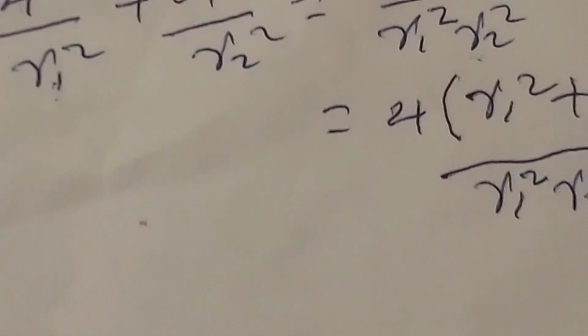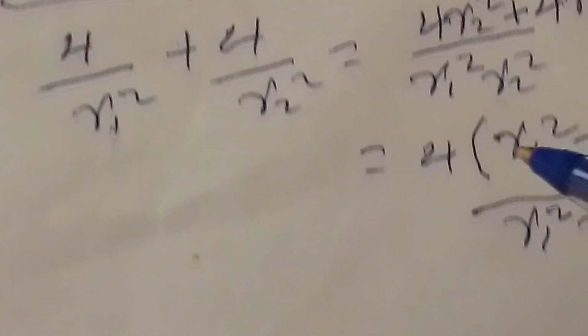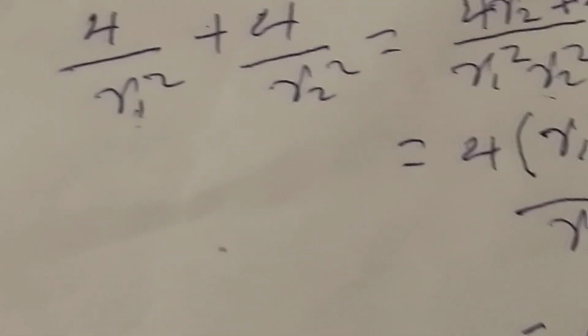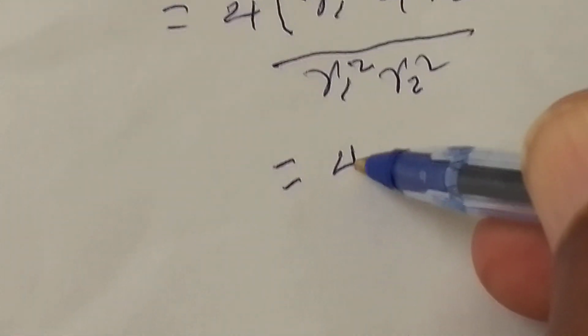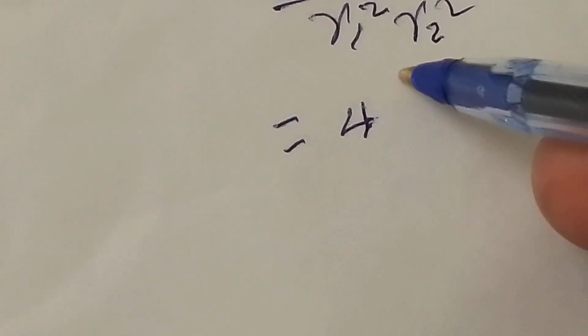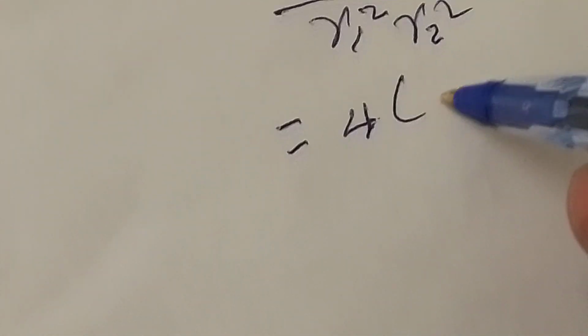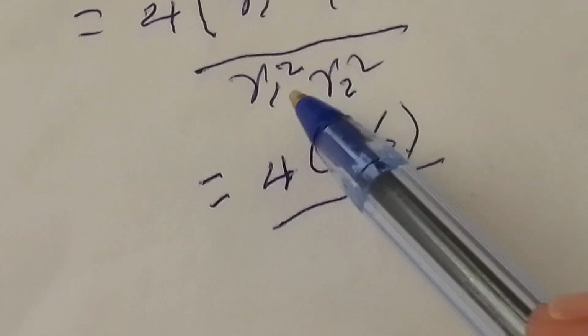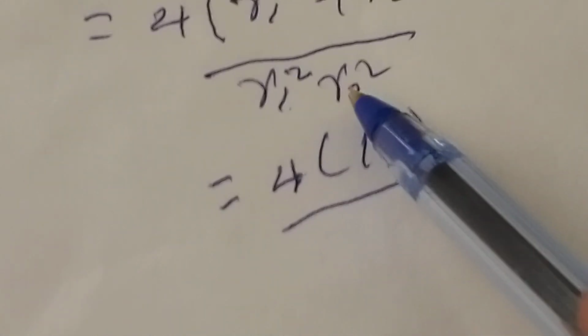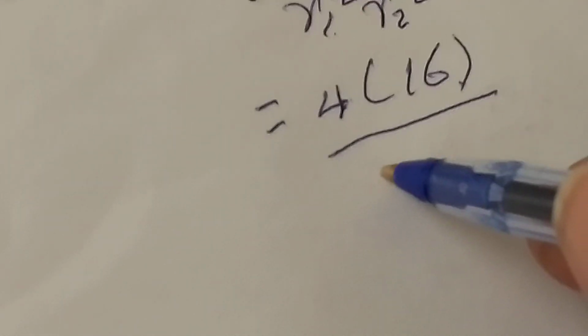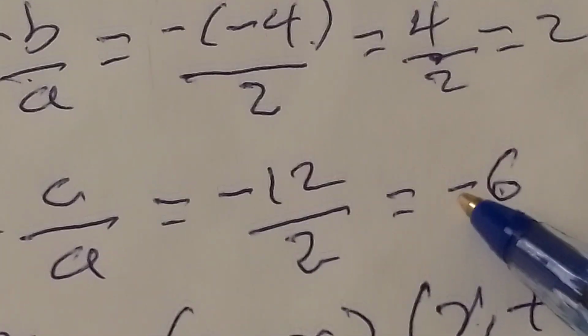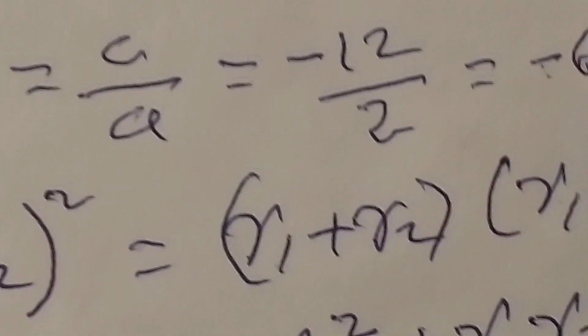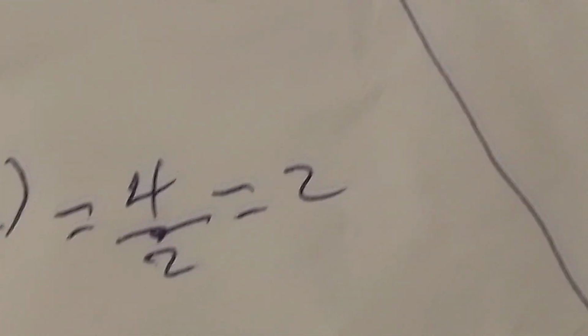So 4 times 16 over r1 square r2 square, which is r1 times r2 the whole square, and r1 times r2 is negative 6.